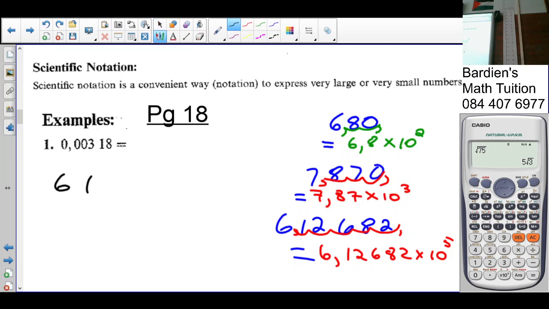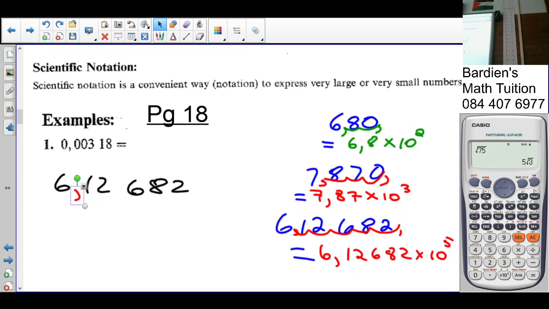Okay, so you got 6,12,682. So the comma currently lies after the last digit. You see, there's no comma written here. The comma lies there. But according to scientific notation, there must be one digit in front of the comma other than 0. So I'm going to move it. 1, 2, 3, 4, 5 place values.